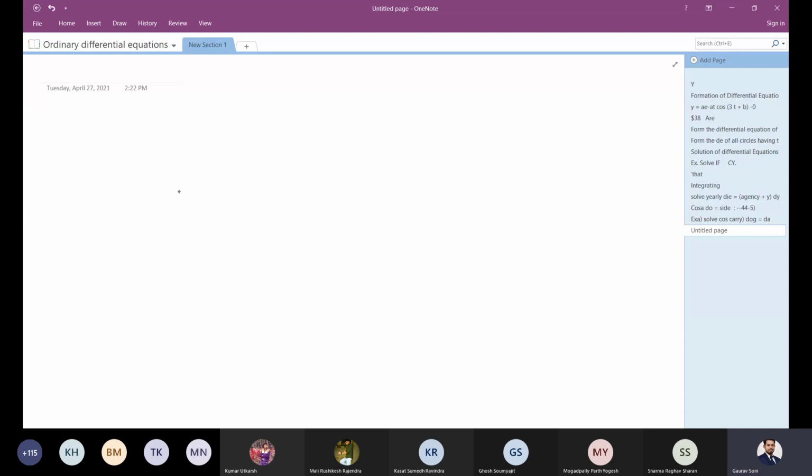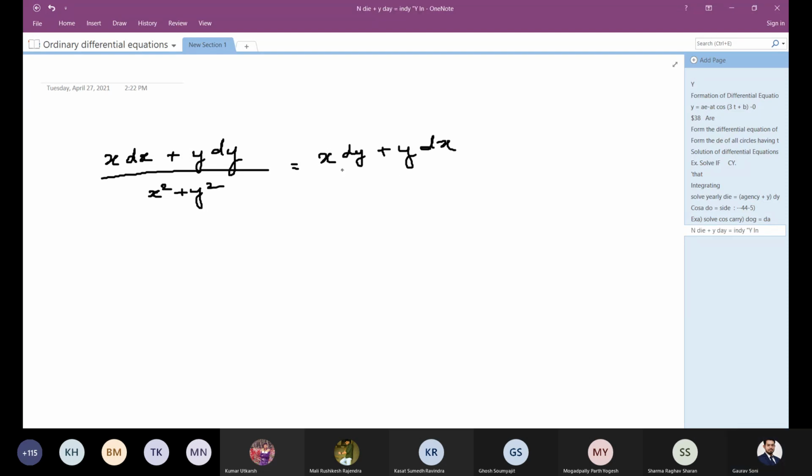Let's see who can tell me what is the solution for this: (x dx plus y dy) upon (x square plus y square) is equal to (x dy plus y dx) upon xy. What is the solution?